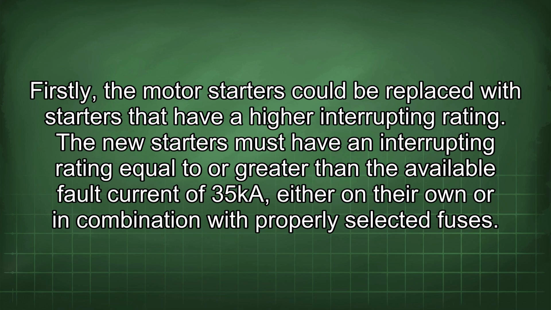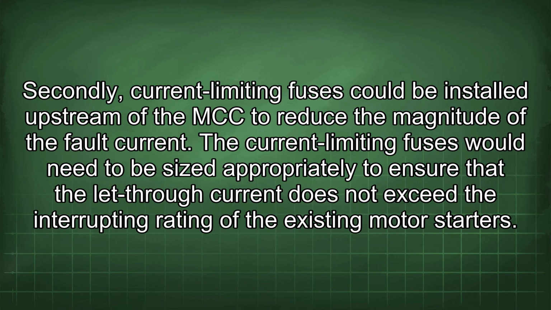Firstly, the motor starters could be replaced with starters that have a higher interrupting rating. The new starters must have an interrupting rating equal to or greater than the available fault current of 35K, either on their own or in combination with properly selected fuses. Secondly, current limiting fuses could be installed upstream of the MCC to reduce the magnitude of the fault current.